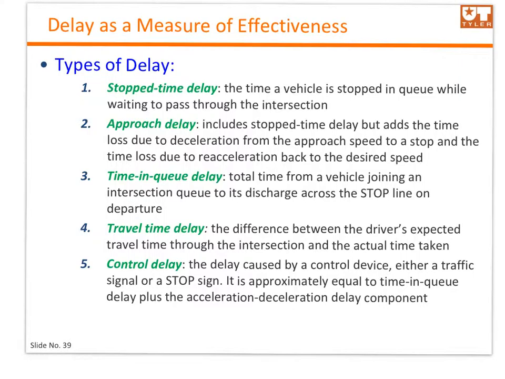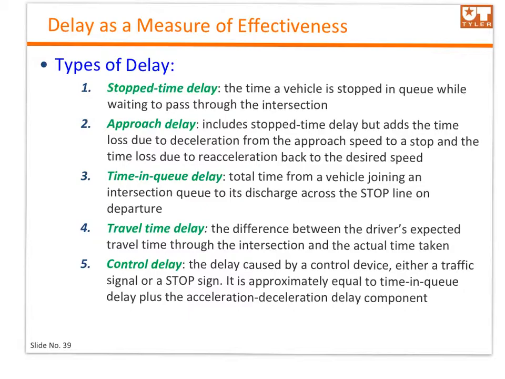When it comes to delay, to be more specific, there are several types of delay that we can experience as drivers crossing the intersection. The very first type is the stopped time delay, which is the time a vehicle is stopped in queue while waiting to pass through the intersection.